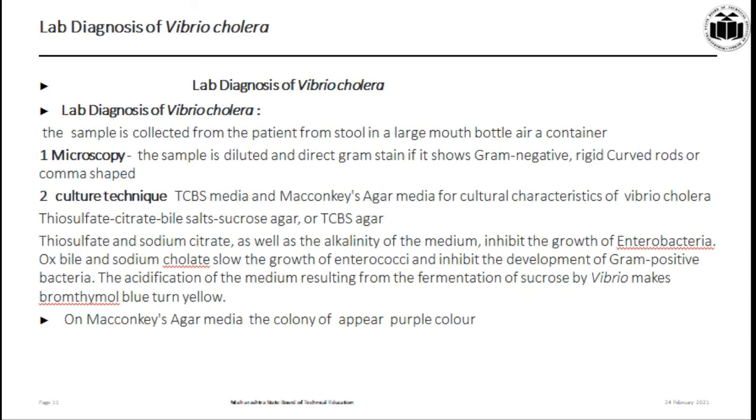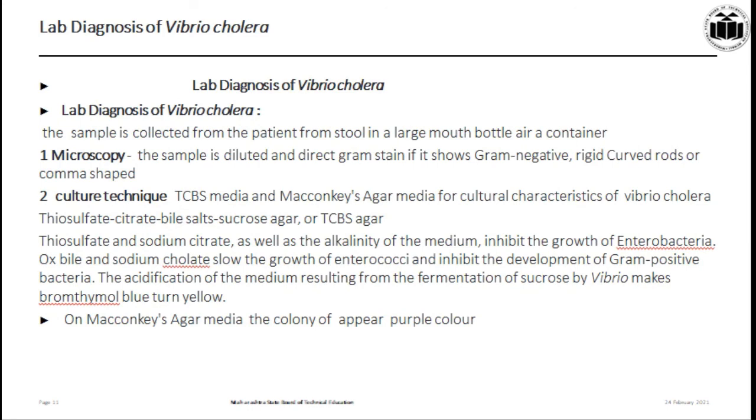After bringing, the sample must be diluted and directly Gram stained, and we know that Vibrio cholerae is a Gram negative curved rod bacterium. When they are observed, it is said that the patient is affected by Vibrio cholerae infection.